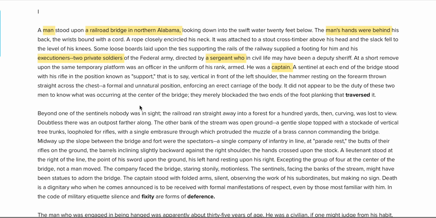A man is going to be prepared on a railroad bridge for an execution. If you read those 2 paragraphs, you will notice the vivid description of the words: how his hands were tied, how he looked, a description of the 2 soldiers and the sergeant who are attending or preparing him for the execution.